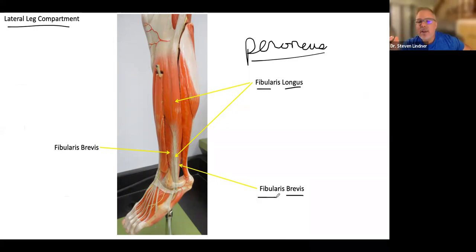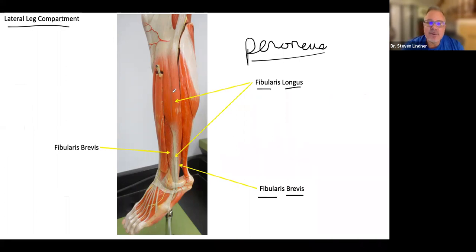They're both acceptable answers. I prefer peroneus, because when we do neurology, there are nerves that follow this path called the superficial and deep peroneal nerve. So the reason I like peroneal and peroneus better is it's going to tie into neurology. There is no fibular nerve, but there is a peroneal nerve.